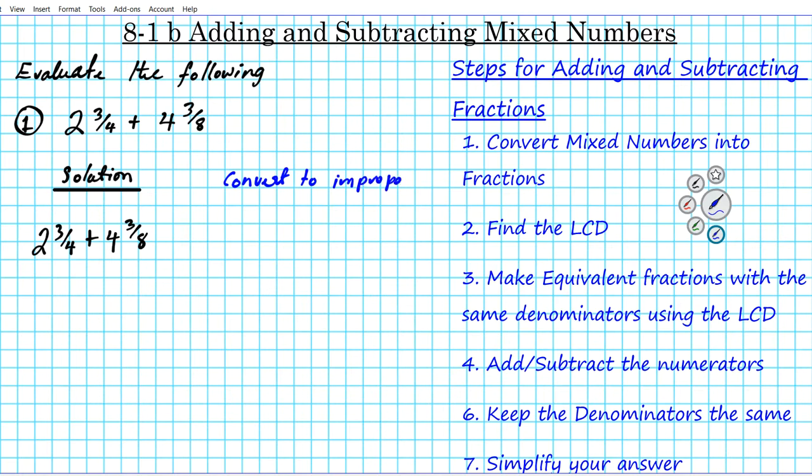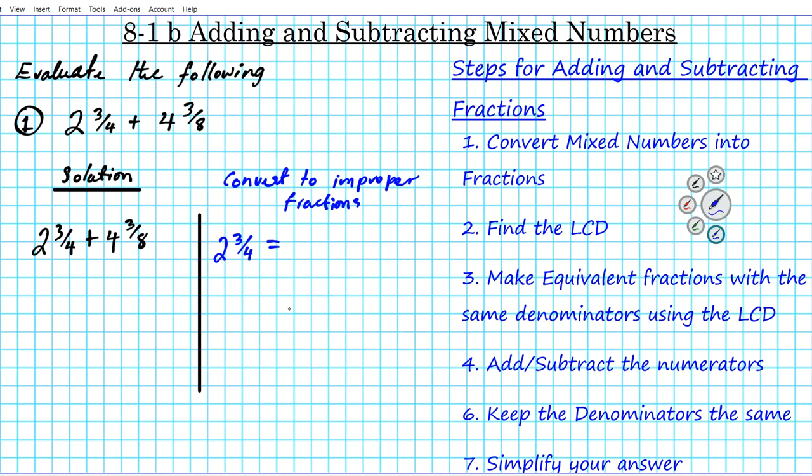And then we can apply the procedure that we used in the previous presentation, 8.1a, to solve the problem. Starting with 2 and 3/4, we already know how to convert mixed numbers to improper fractions. If you've forgotten how to do that, you can take a look at the QR code we presented earlier at the opening of this presentation, or just go to the playlist and you'll see that tutorial there.